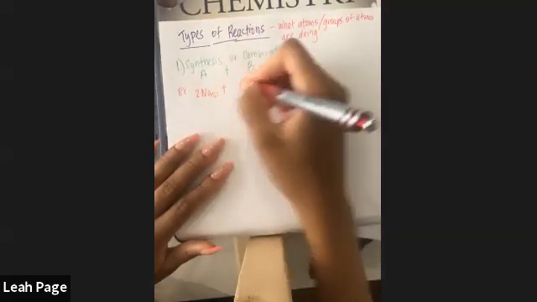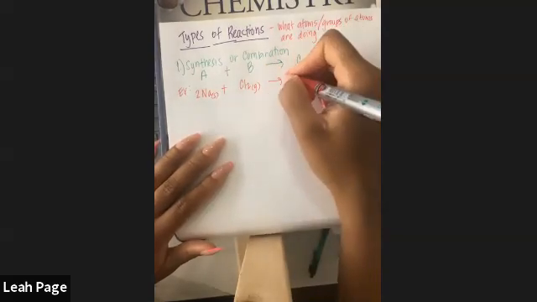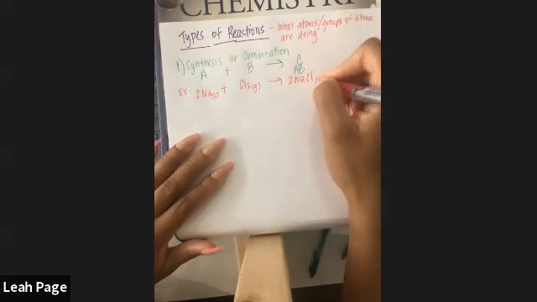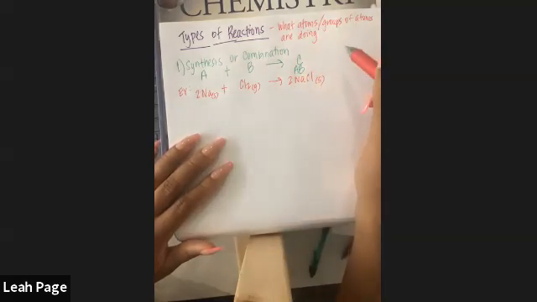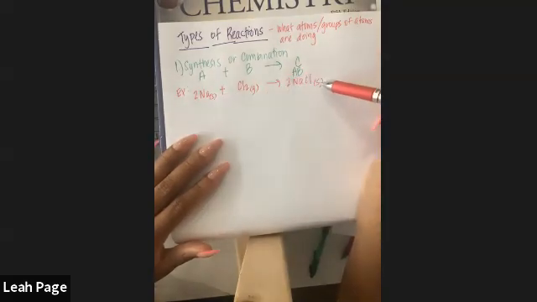So this is a solid, this is a gas. React to form sodium chloride. We call this synthesis. We're making sodium chloride.